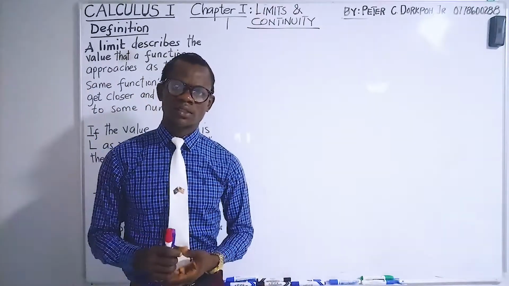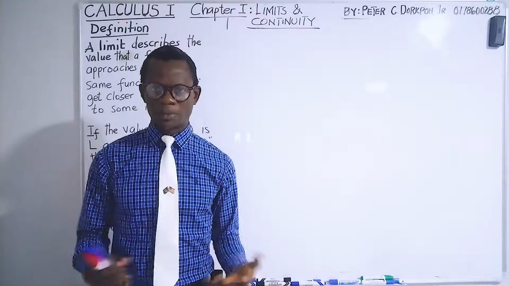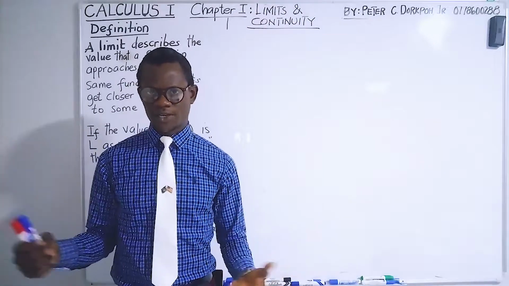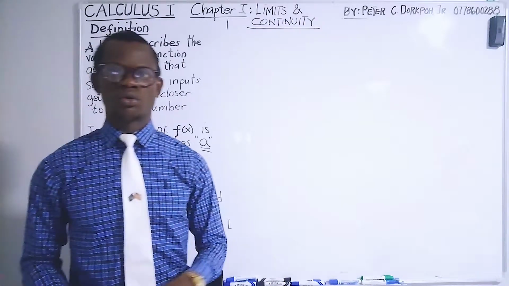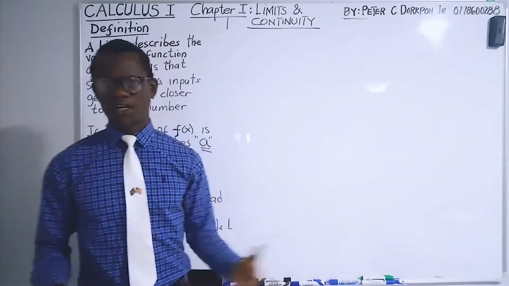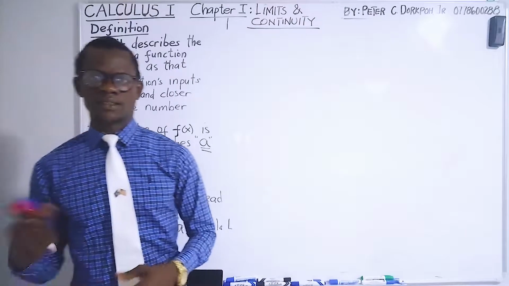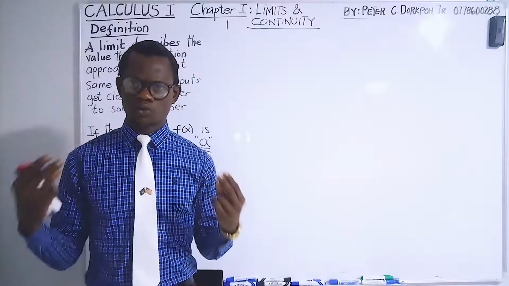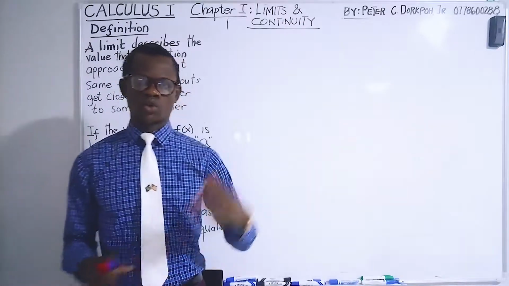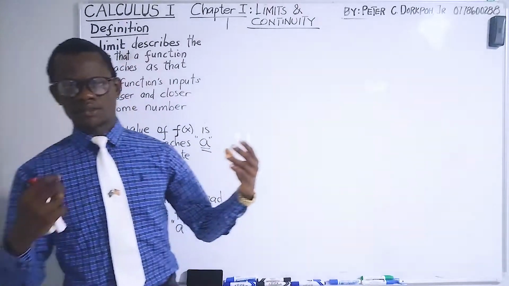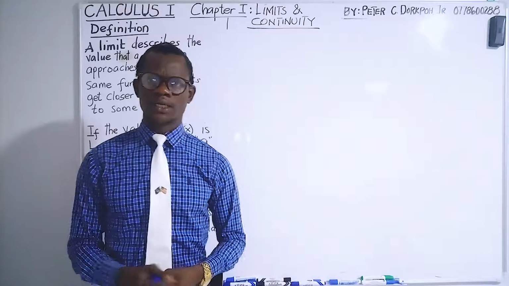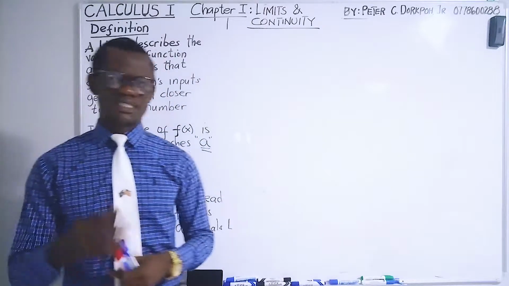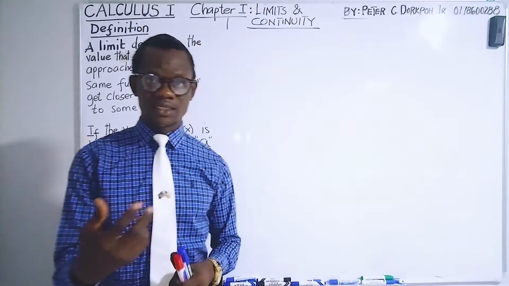Now, calculus was developed by lots of mathematicians, but the credit is given to both Gottfried Leibniz and Sir Isaac Newton as the two fathers of calculus. Gottfried Leibniz actually started, and then Sir Isaac Newton joined because he ran into difficulties in physics.